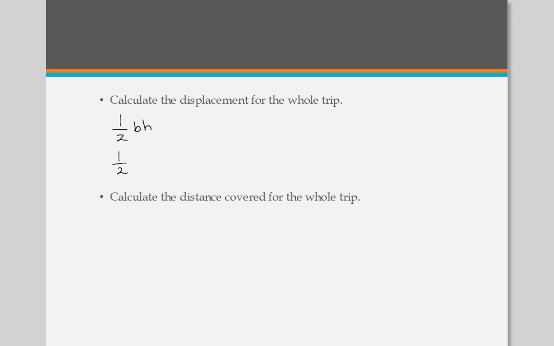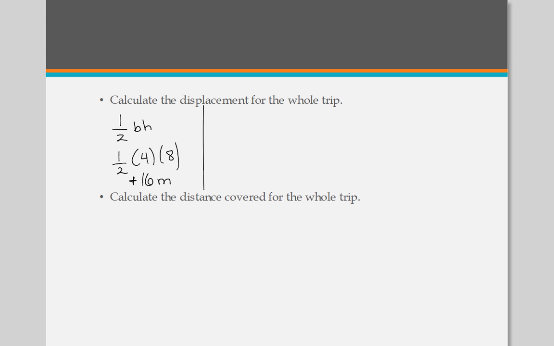B was 4, right? And the height got up to 8. 4 times 8 is 32, cut that in half: 16 meters. And that displaced positively or negatively? Up above the x-axis or below? Up. Good. Put that in there.